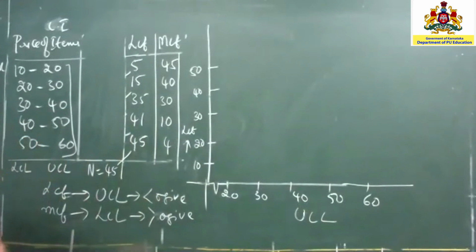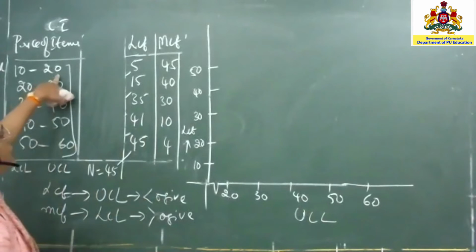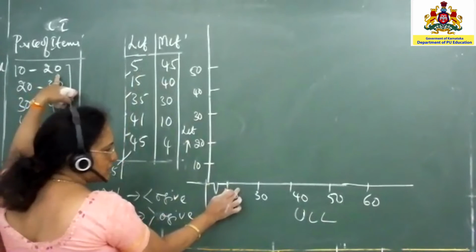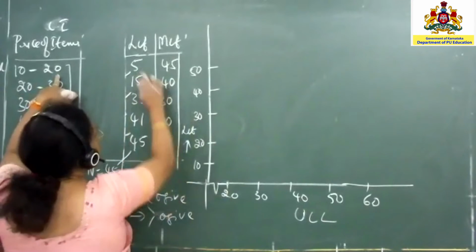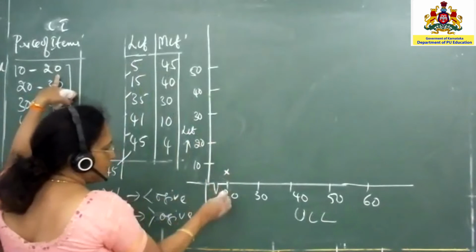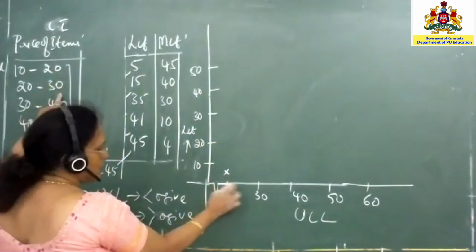So next you can plot now. So first number, 20 against 5. Okay. This is 20. Which axis? X axis. Okay. LCF is this. So 20 and 5, somewhere here. Now next, this is 30.